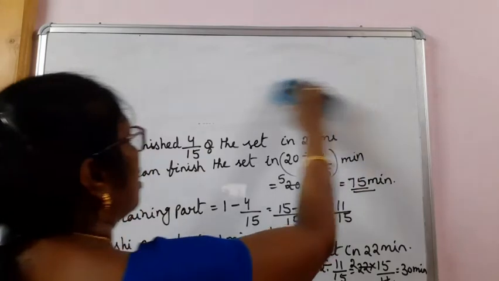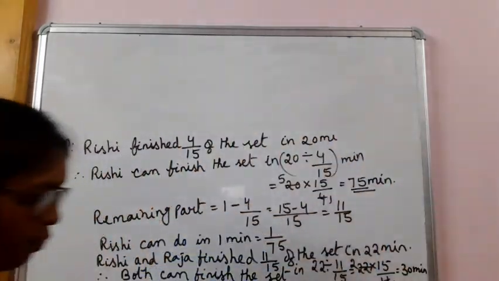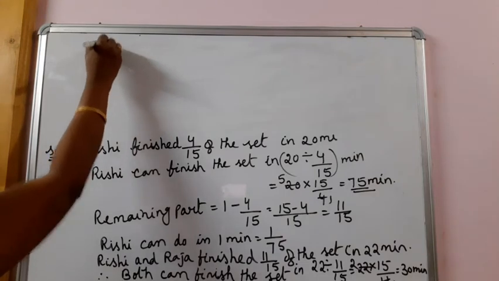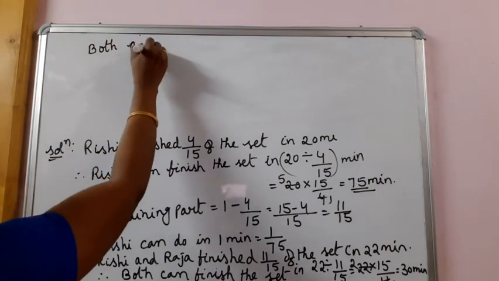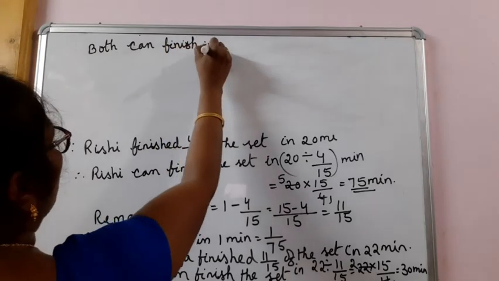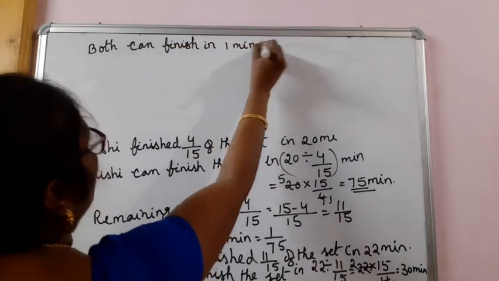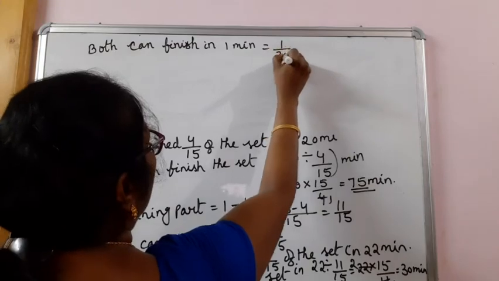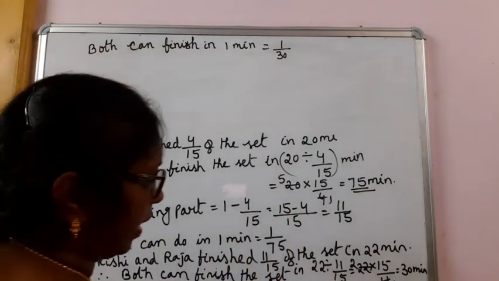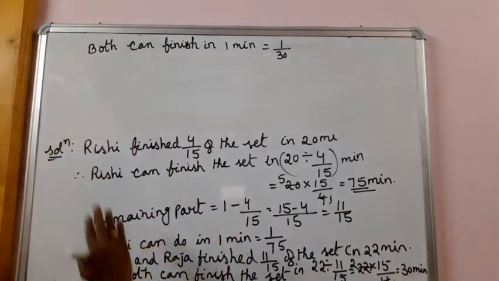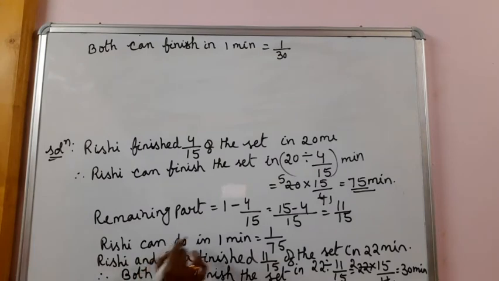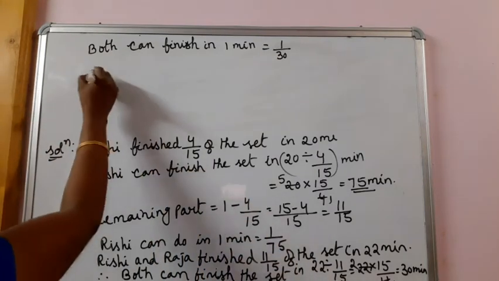That means both can finish in 1 minute 1 by 30 of the set, because they can complete the set in 30 minutes. The meaning is both can finish in 1 minute 1 by 30. Rishi can do in 1 minute 1 by 75.